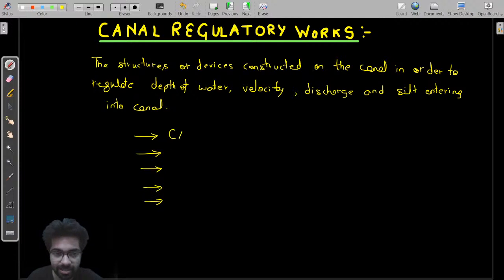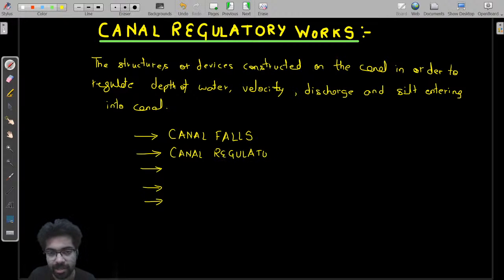First structure, my dear sir, is your canal fall. In exam, it is asked, what is canal fall, when it is used, what are the factors, all these things we'll discuss. Then we have to study canal regulators. Only 5 topics are there in this chapter.